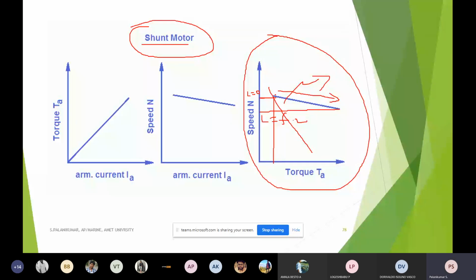The variation of speed from no load to full load is very small, a considerable amount only. For a very high speed and torque, a very large machine, this variation is almost negligible.